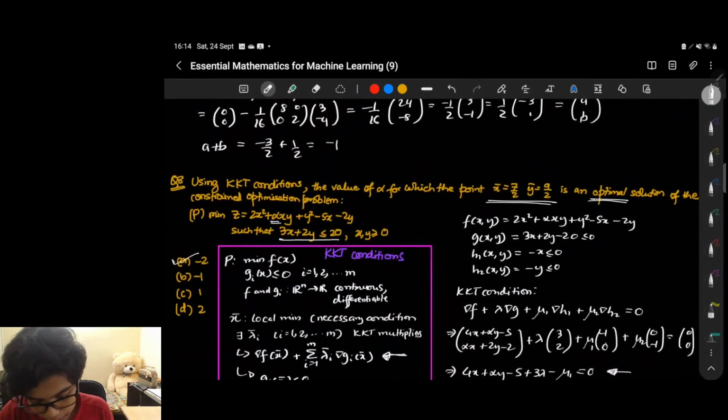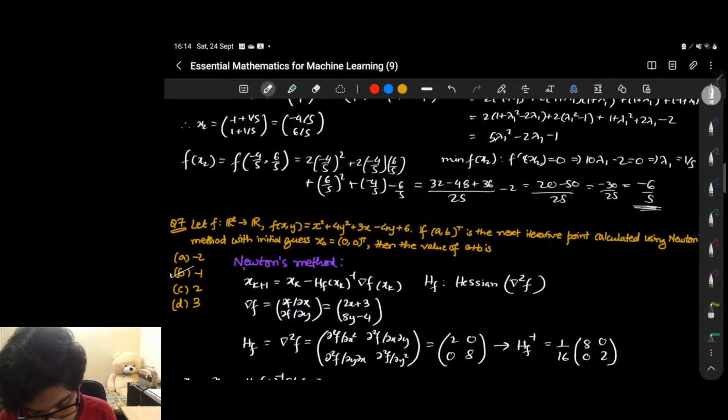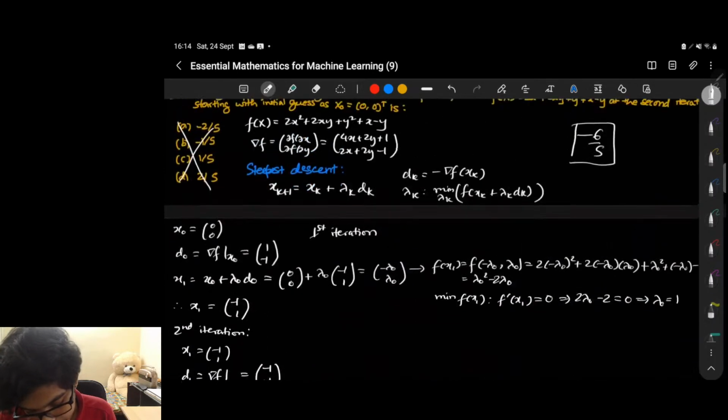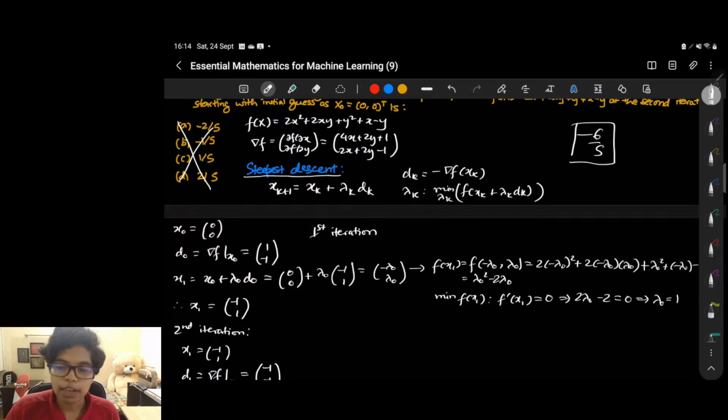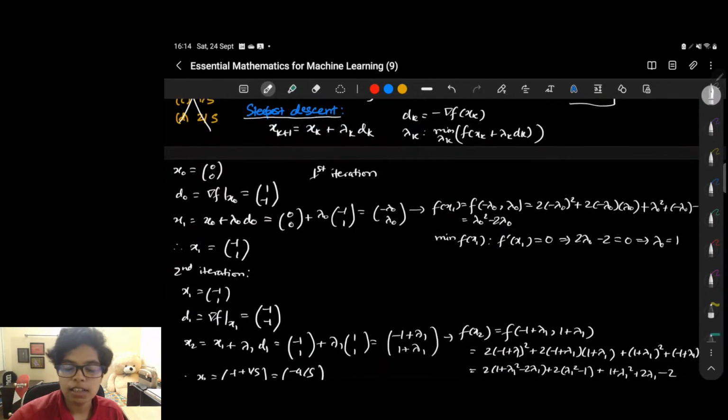Whenever you have these algorithms, either Newton's method or the steepest descent algorithm, and you have to do multiple iterations, you just keep on applying the algorithm over and over again until you reach the desired iteration level, or your condition satisfies that it is less than the epsilon condition.